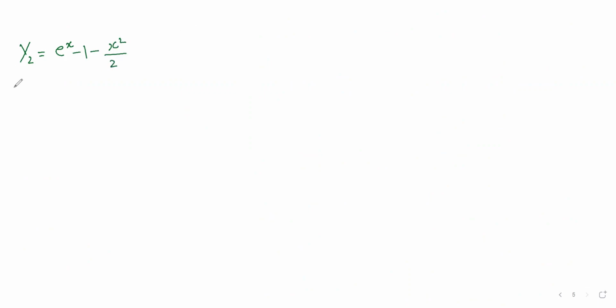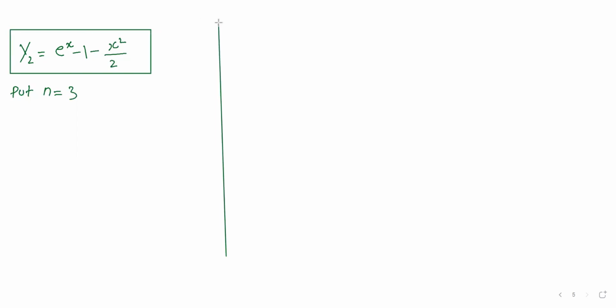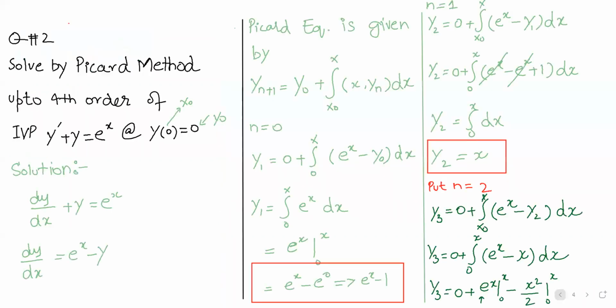n is equal to 3. Put n equals 3 to get the y4. y4 will be y0 plus the integral from x0 to x of what was the value of dy by dx.